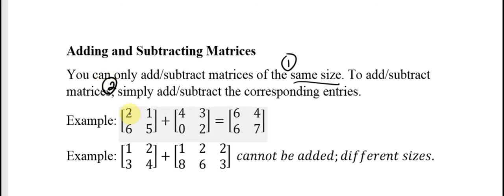So for the first example, the matrices are the same size, so we can add 2 plus 4, 6, 1 plus 3, 4, 5 plus 0, 6, and then 5 plus 2 is 7. Now, the next example, these pairs, we cannot add because they have different sizes. This is a 2 by 2, and this is a 2 by 3.